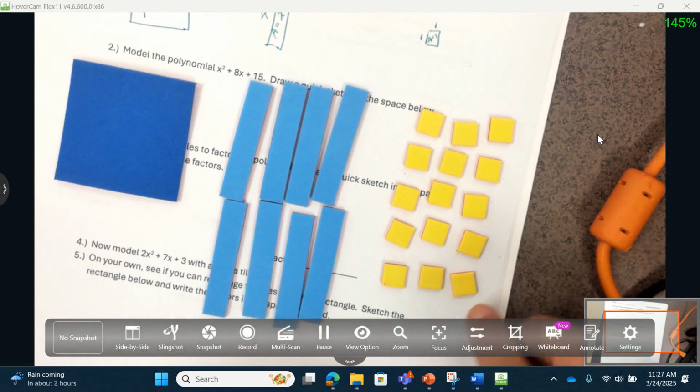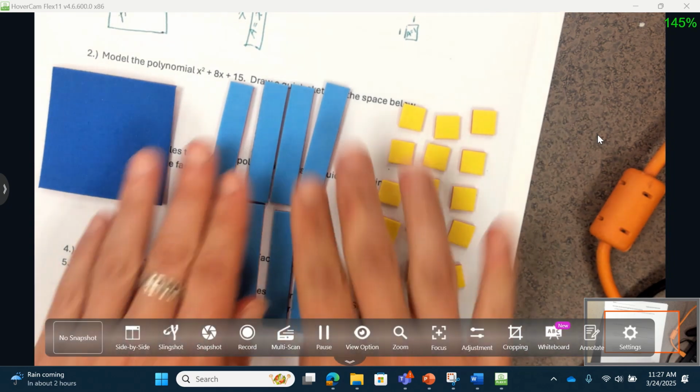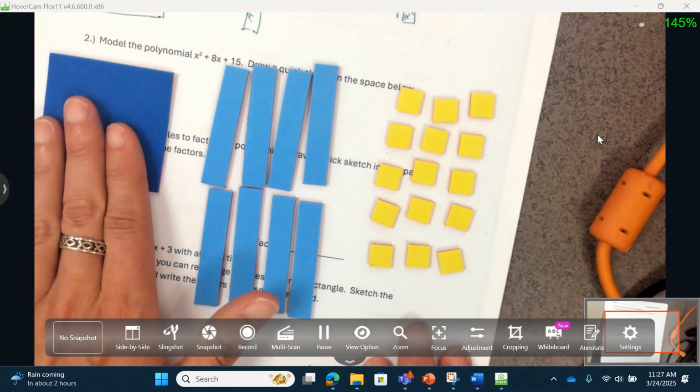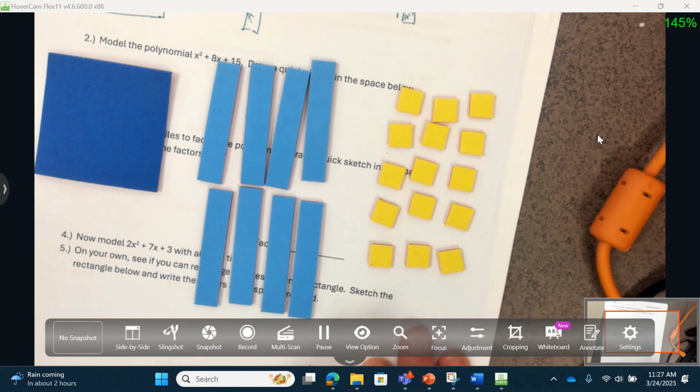So I think this is 15. Okay, and so that's how we would model the polynomial x squared plus 8x plus 15. We have 1 x squared, 8 x's, and 15 of the small squares.